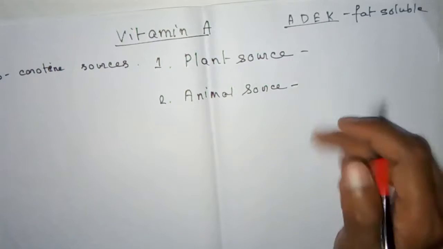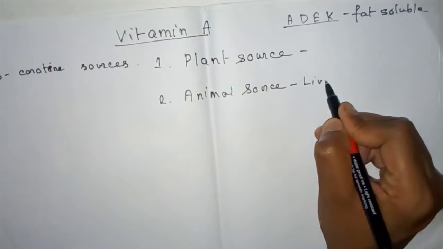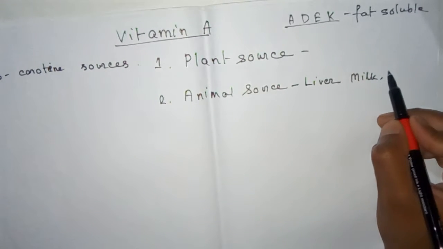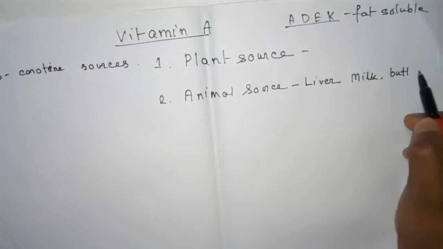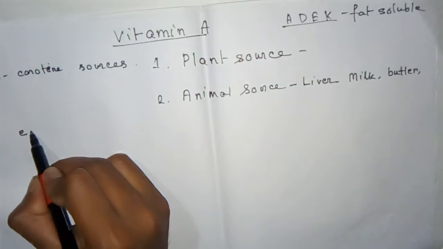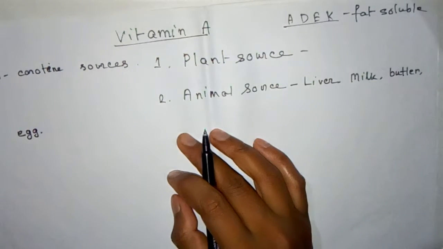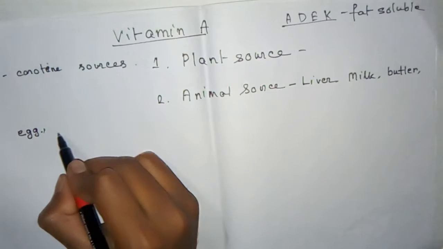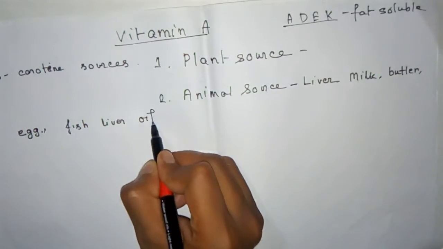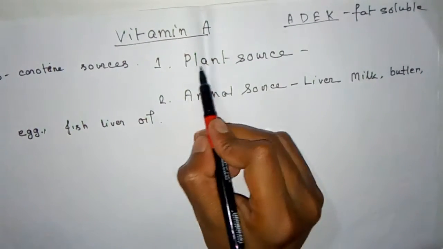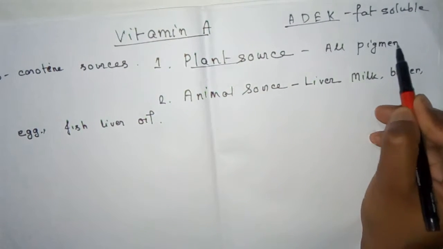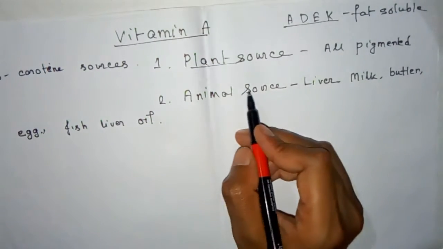So those are the animal sources, and the plant sources are all pigmented vegetables.